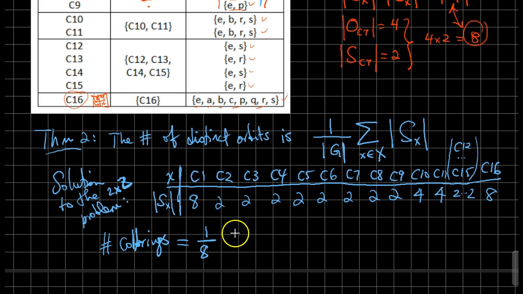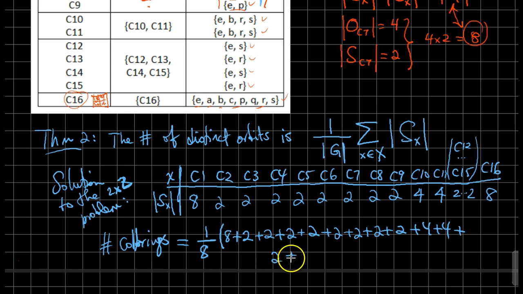And so we basically add up these numbers: 8 plus a bunch of 2s, plus 2 plus 2 plus 2, I think I have 4 more 2s, plus 2 plus 2 plus 2 plus 2, and then we have plus 4 plus 4, plus 4 more 2s, 2 plus 2 plus 2 plus 2, and luckily finally we have an 8 here.